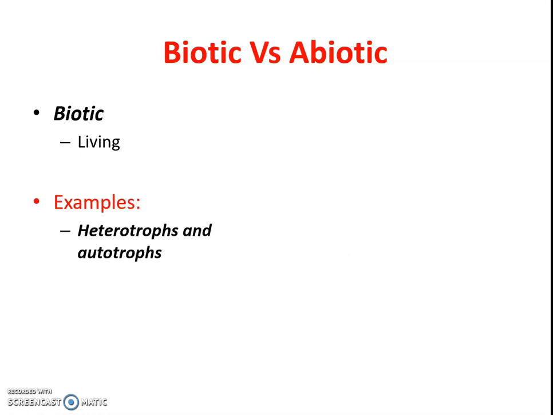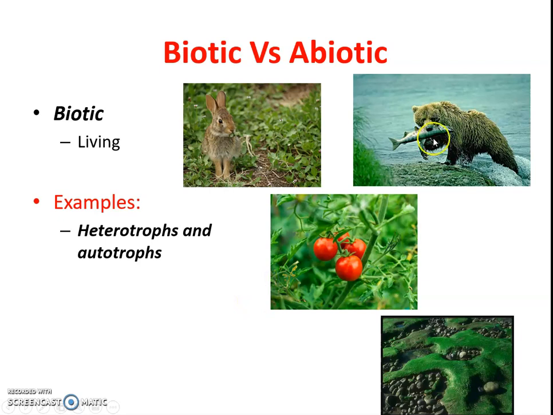Things such as what we would call heterotrophs and autotrophs. Those heterotrophs are the organisms that have to consume other animals or plants, whereas autotrophs would be the green plants that can actually produce their own nutrients. So examples could be different green plants versus animal life that we know it.